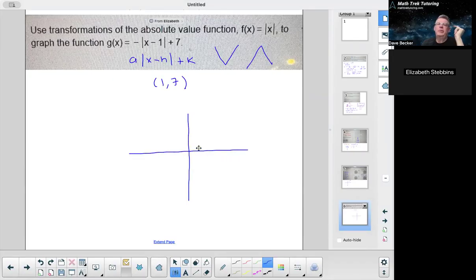Since it's negative, you know it's going down. And if you remember it's an absolute value, once you find the point, you only need one other point, just like what we did before.